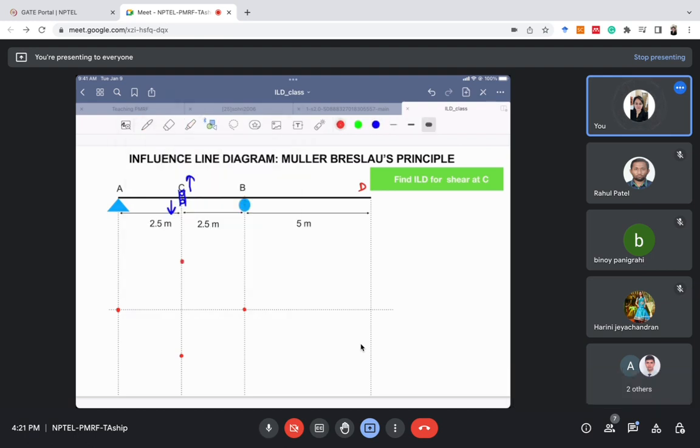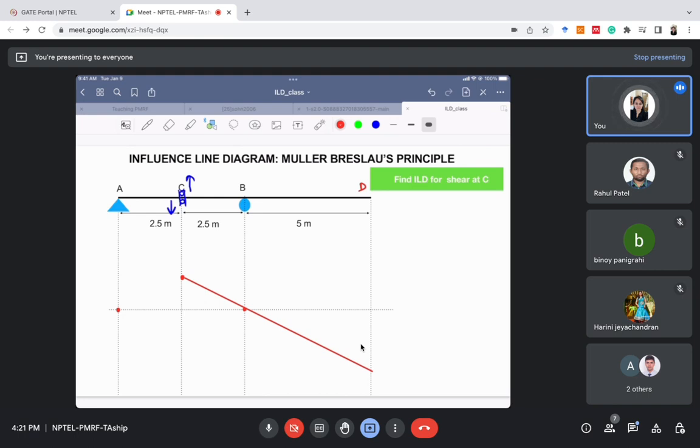If we move this right part CB in the upward direction, it will go up, so let's make this first. The deflected shape will be somewhat like this, right? If we take this part C and move it upward, the deflected shape will be somewhat like this.